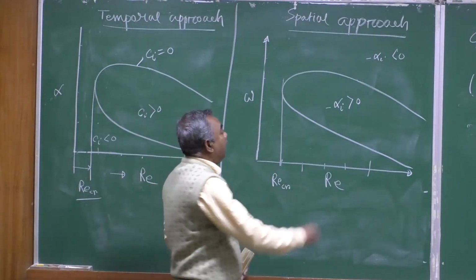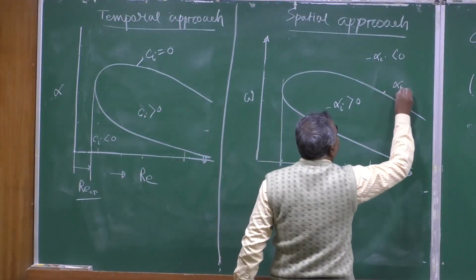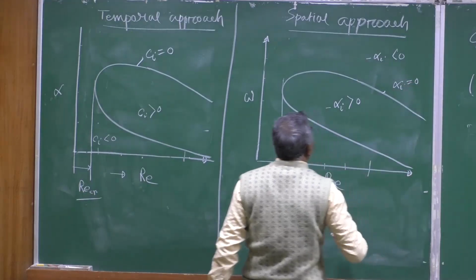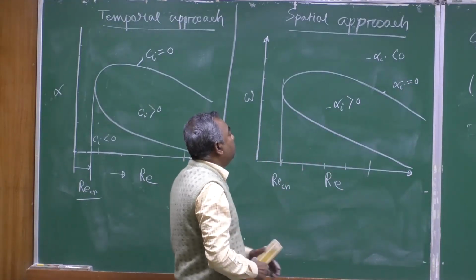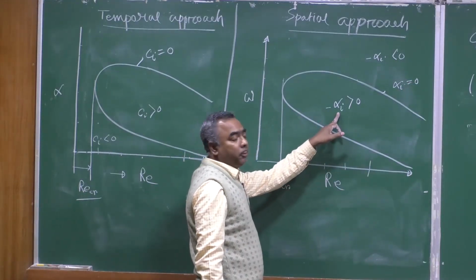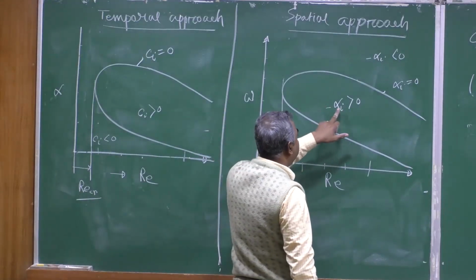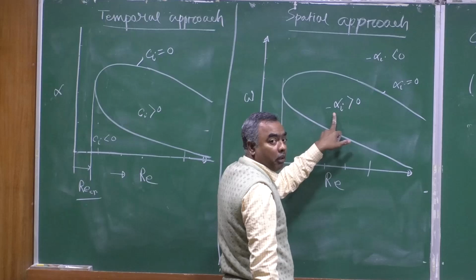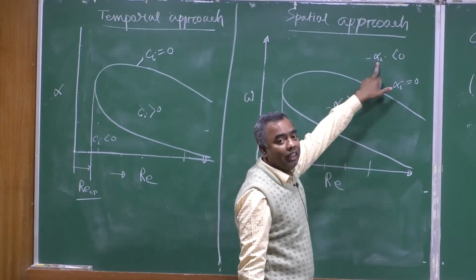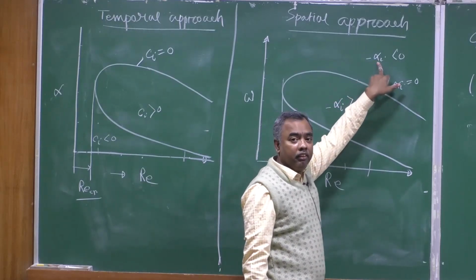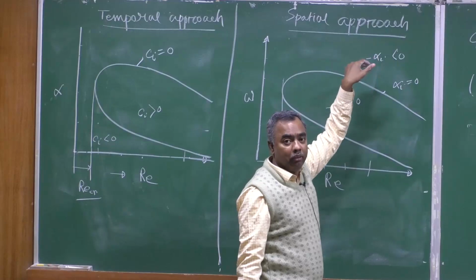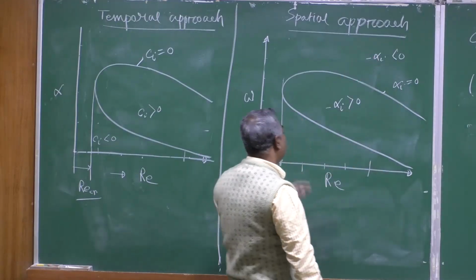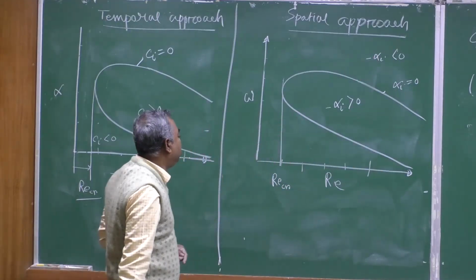Okay. And this is your alpha I is equal to 0. So, minus alpha I greater than 0 means alpha I should be negative. If alpha I is negative, the wave will grow. If alpha I is positive, then the wave will decay. Okay. So, that is the case for a spatial wave.